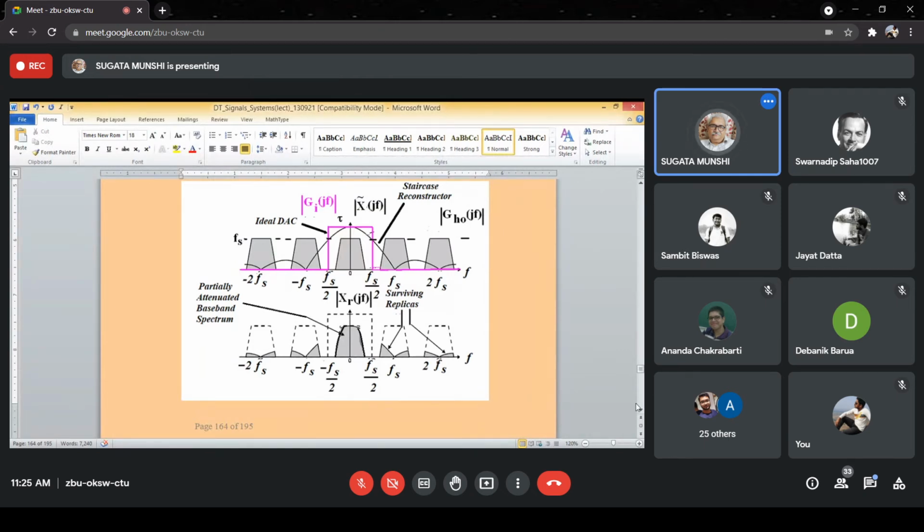I want to remove those surviving replicas from the spectrum. Low pass filter. Yes, we can add one analog low pass filter after the DAC. In fact, that is done.